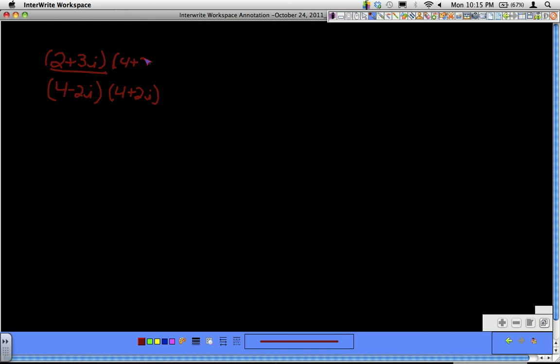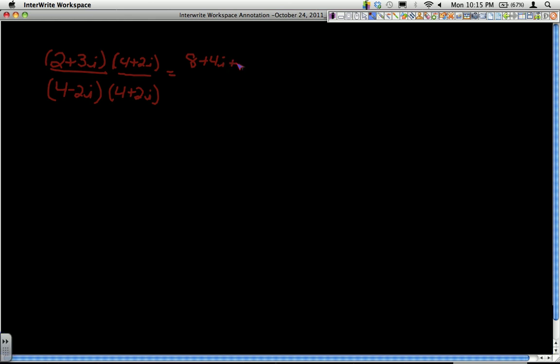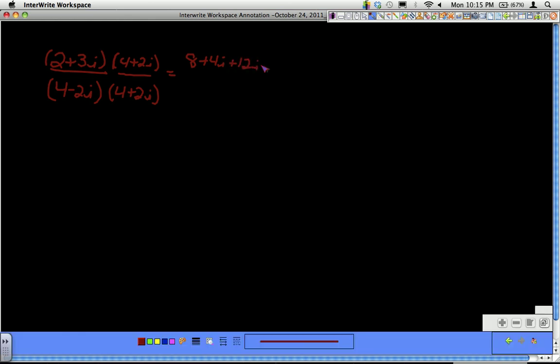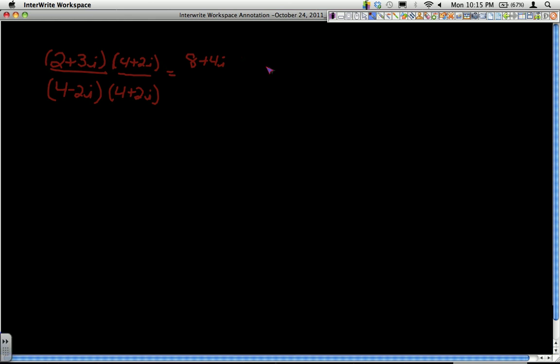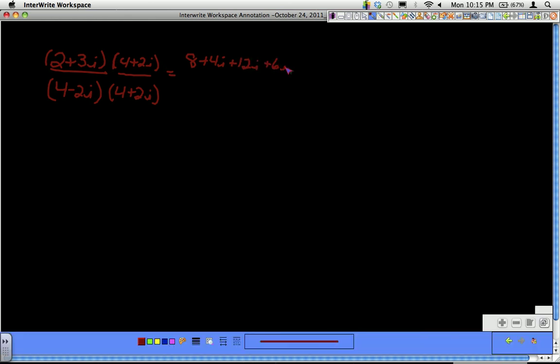Now we don't care if the top still has an imaginary part or not. So on the top, I would just do normal FOIL. First times first, 2 times 4; outside times outside, 2 times 2i; inside times inside, 3i times 4; and last times last, 3i times 2i, 6i squared.